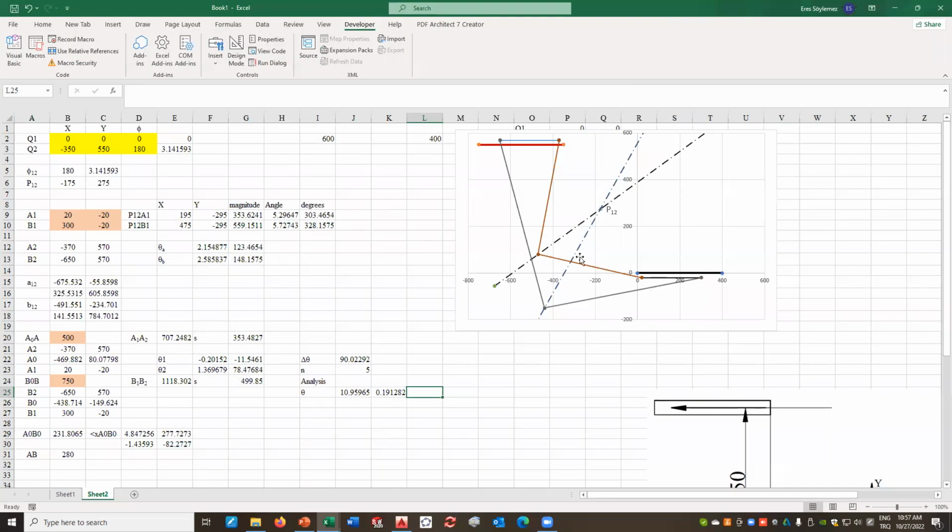Now, that 4-bar function uses this A0, B0 as your x-axis. The input crank angle has to be measured from that axis, correct? Can everyone see that? Once I do that, I determine these angles from A0, B0 as my x-axis. Agreed?